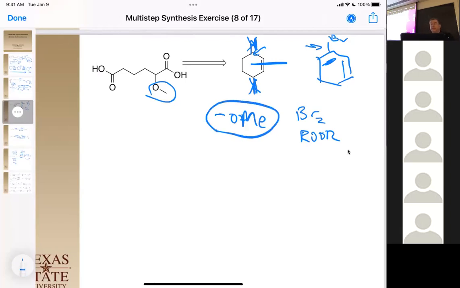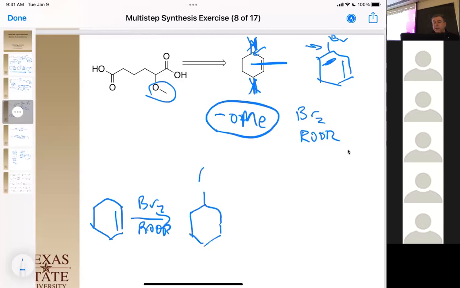So let's put it all together. Okay, let's start with our cyclohexene. Let's draw it a little bit better than that. There we go. Cyclohexene, we're going to do bromine in peroxides, and we're going to get selectivity. It's going to be next to the double bond, and the double bond is still there.